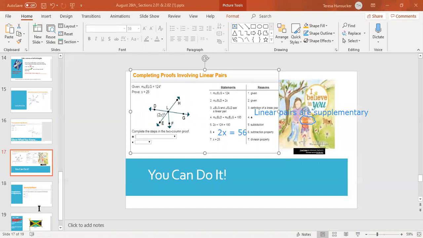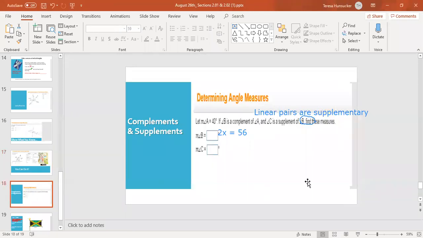Okay. All right, so moving on. If the measure of angle A, so we've got the concept of complementary from warm up, two or more angles that sum to 90 degrees. If the measure of angle A is 40, and angle A and angle B are complementary, it says B is the complement of A. That just means A and B are complementary.